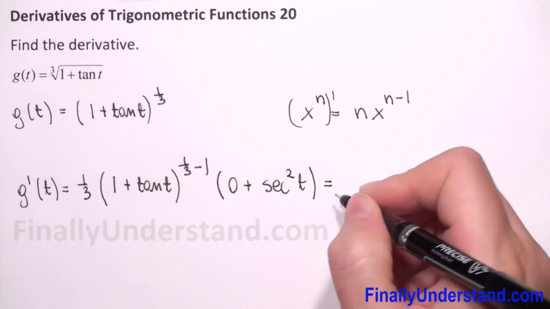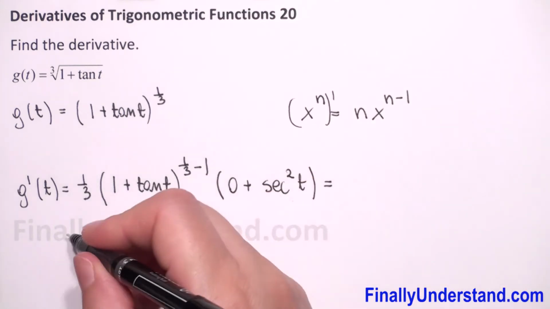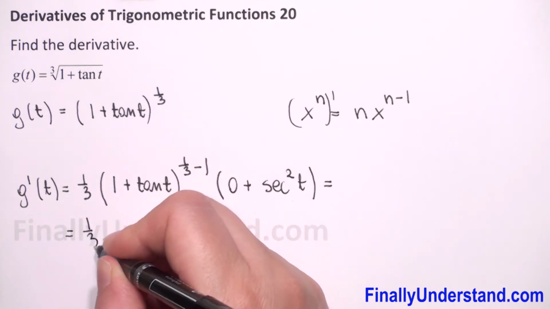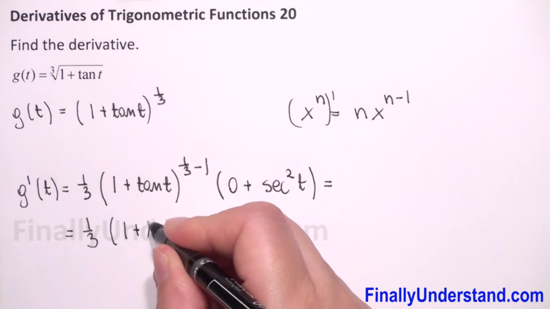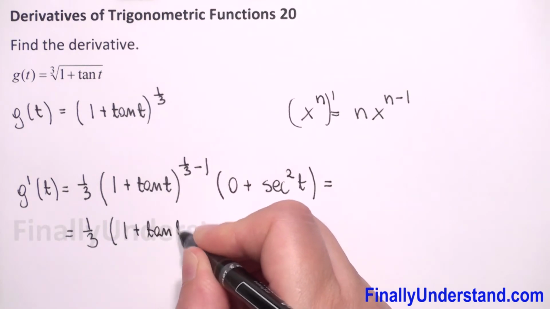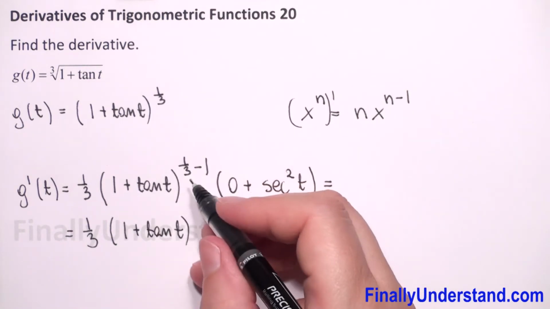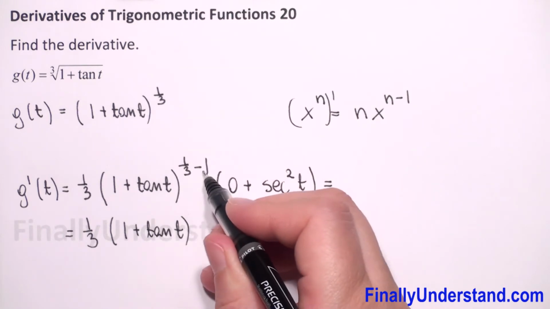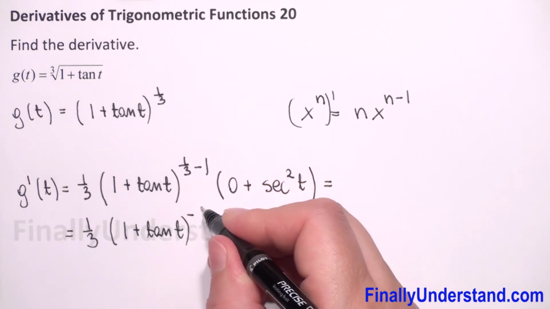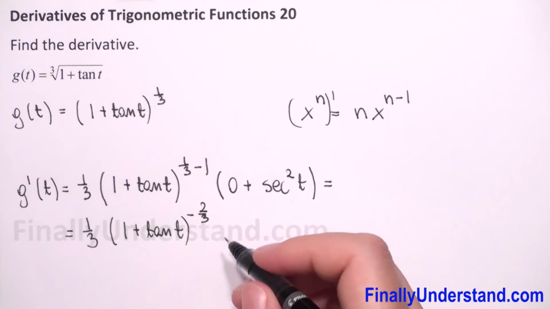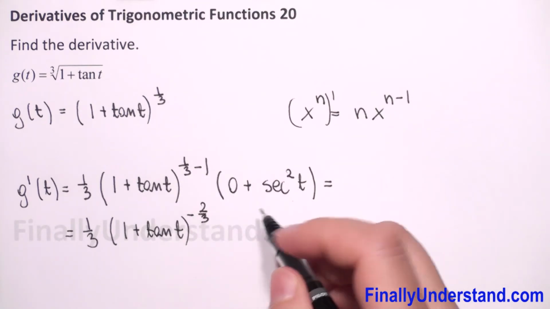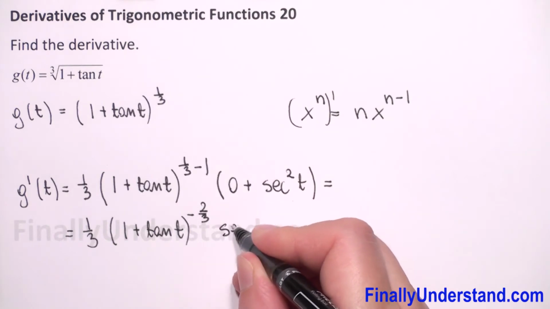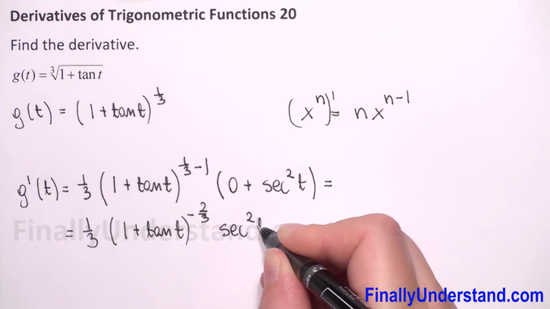So this is equal to 1/3 times 1 plus tangent of t to the power 1/3 minus 1, which is negative 2/3, times 0 plus secant square, which is secant square of t.